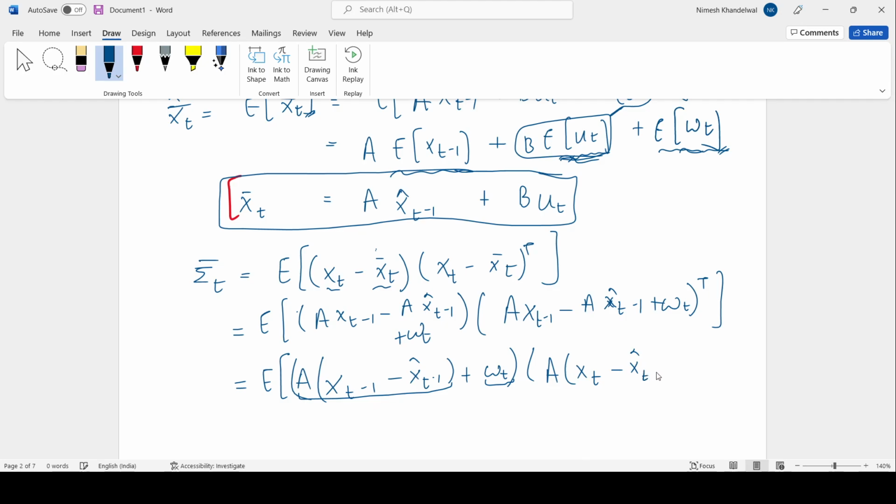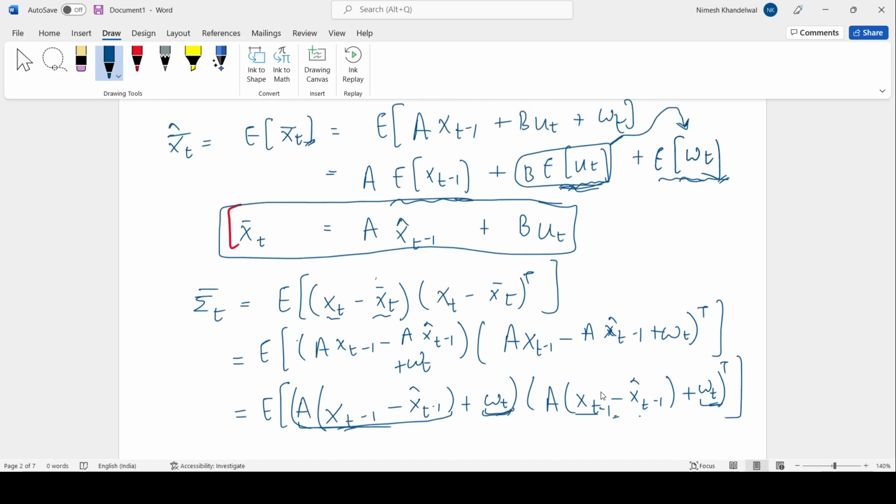When you multiply them and expand it, you will get four terms. One will be the multiplication of the first two terms involving my x_{t-1}'s, one term will involve only my w_t's, and the rest two terms will be the cross or covariance terms between my x and my w, and my w and my x.